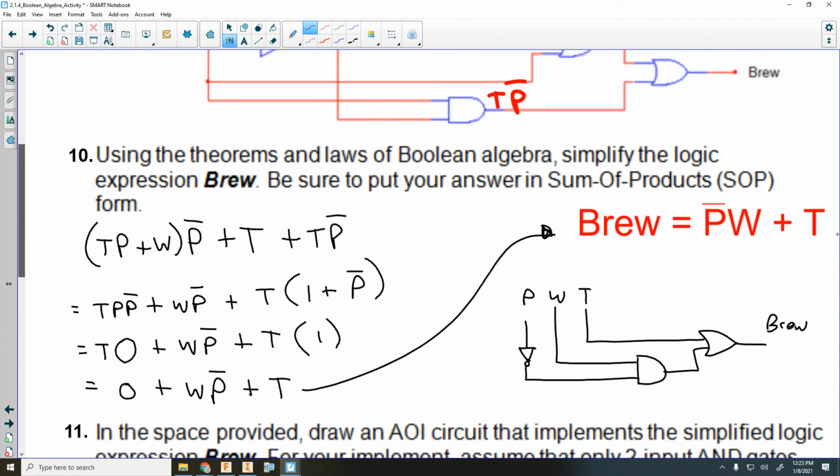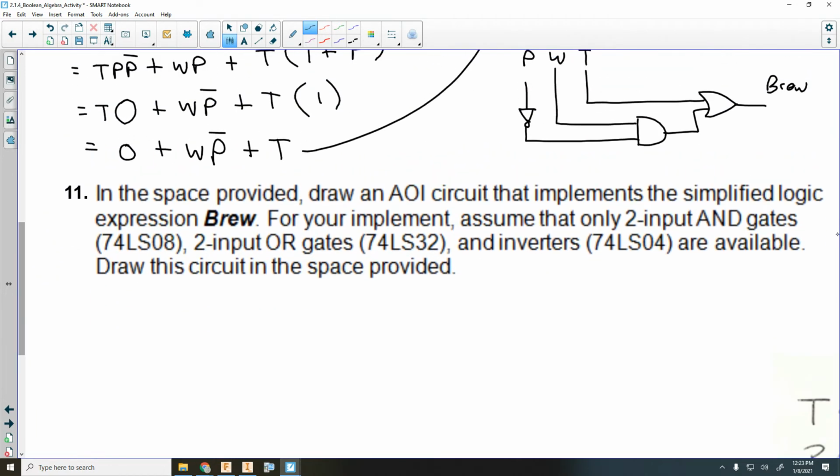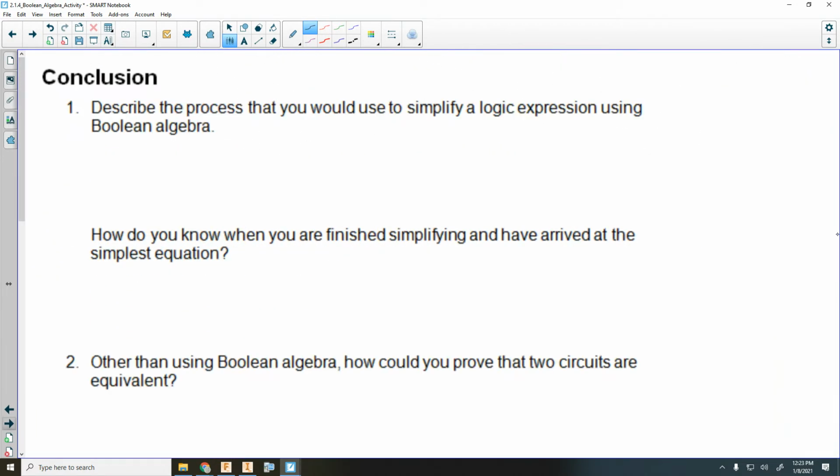So what do we have up here? I think what we want to start looking at then is the conclusion questions. What process do you use to simplify logic using Boolean algebra? I mean, it's really hard to explain, but how would you describe it? What do you do if you're given a crazy equation and you want to simplify it?